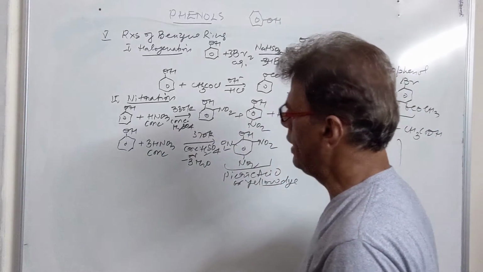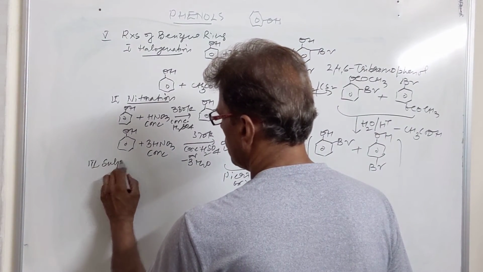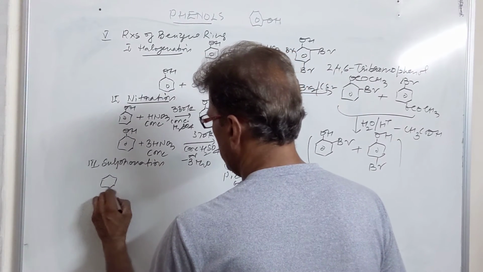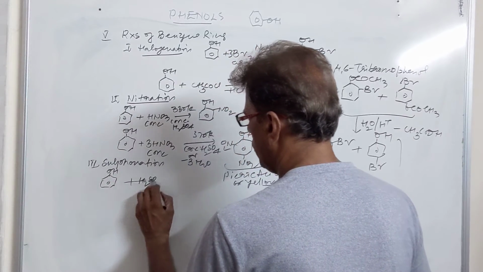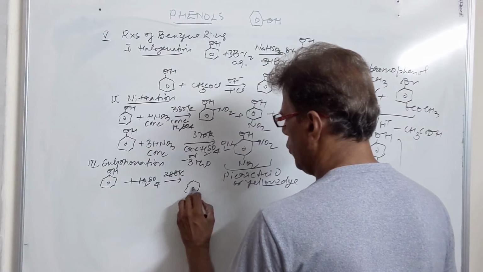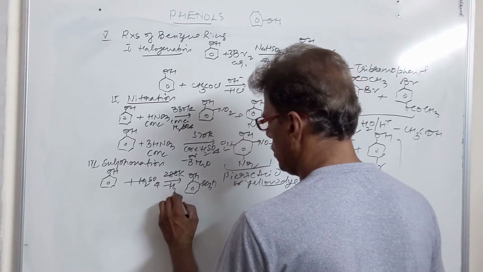So this is nitration. Then we have sulfonation. Phenol reacts with sulfuric acid at two different temperatures. At 288 Kelvin, they will produce ortho-hydroxy benzene sulfonic acid. Water is lost.